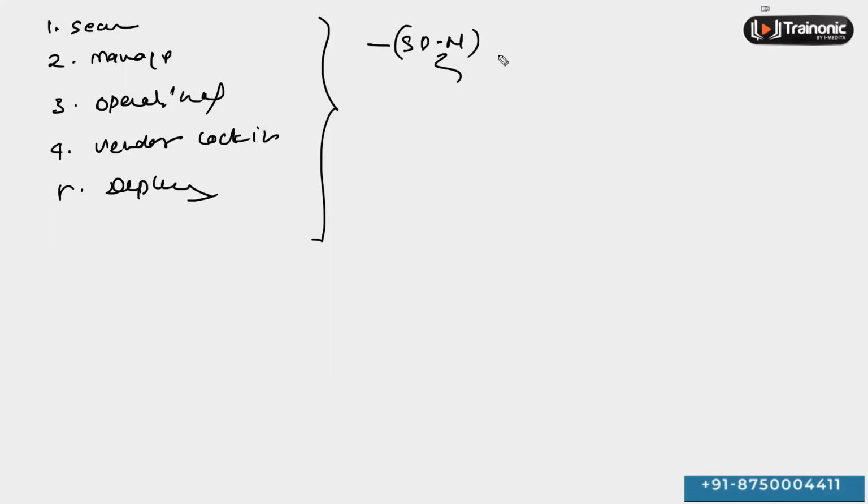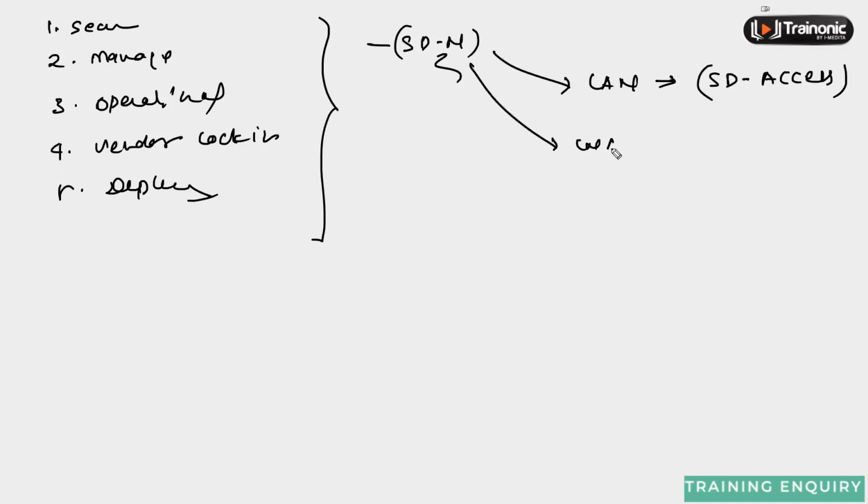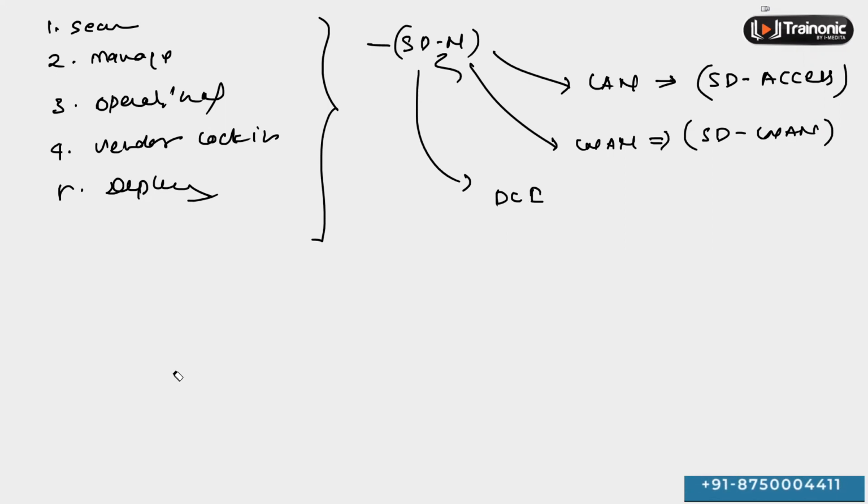The software-defined approach to manage the LAN infrastructure of any campus area network or any enterprise network is what they call software-defined access. The software-defined approach to manage the WAN infrastructure of any network is what they call SD-WAN. And in the data center environment, where we follow some sort of spine-leaf architecture, there also we want a centralized point of control using application-based networking.